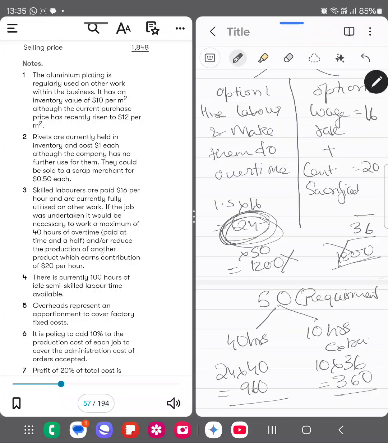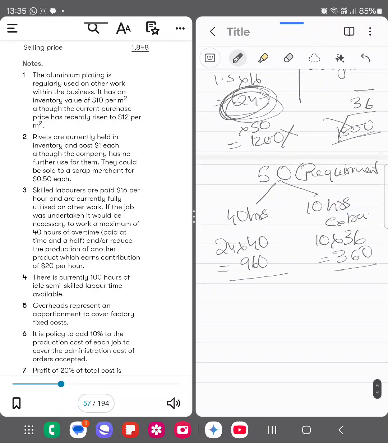or reduce the production of another product which earns a contribution. Okay, so the maximum hours that labor could contribute was, so in this case, skilled laborers are paid 16 per hour and are currently fully utilized on another work.